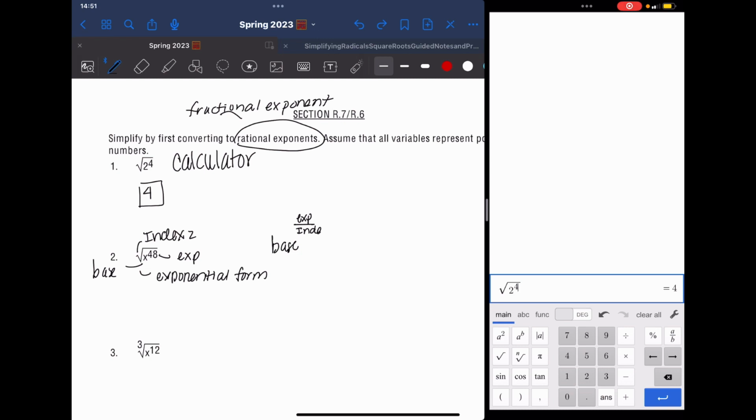Now, when we rebuild this, we have a base raised to the exponent over the index. So I have x raised to the 48 power divided by 2 as the index, so I get x equals 24.